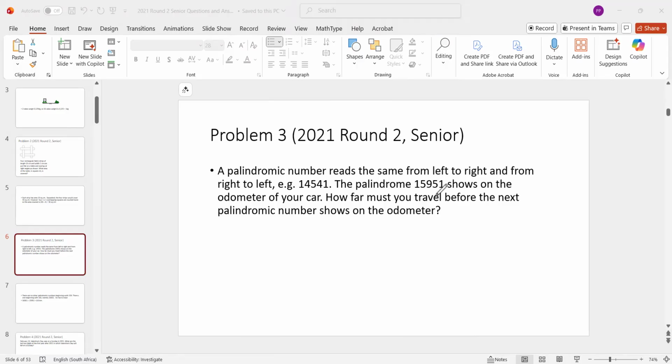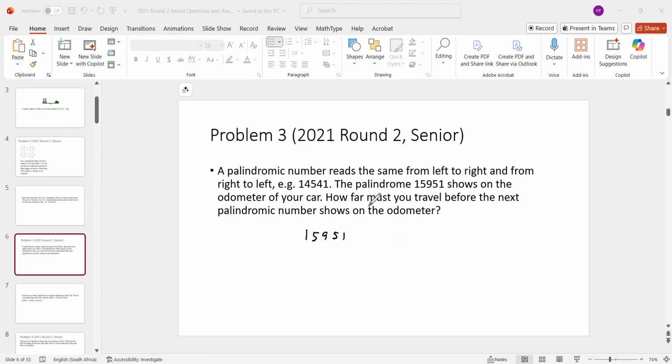They say this particular one, 15,951, shows on the odometer of your car. They're assuming that the reader has got a car, which need not be a good assumption. So the odometer reads 15951. You can see the palindromic number.